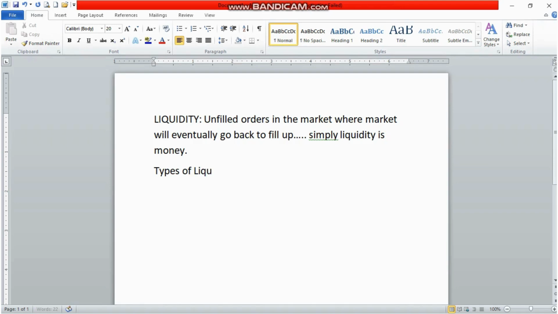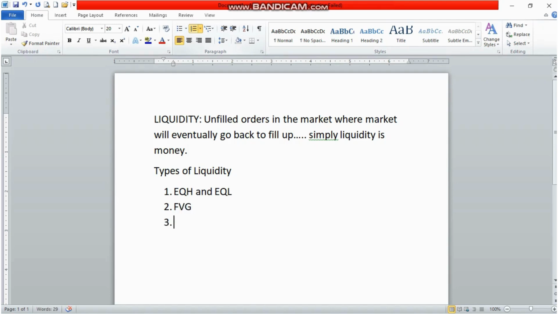What are the types of liquidity? Since we know what liquidity is, what are the types? Now we have the equal high and equal low. We have the FVG.